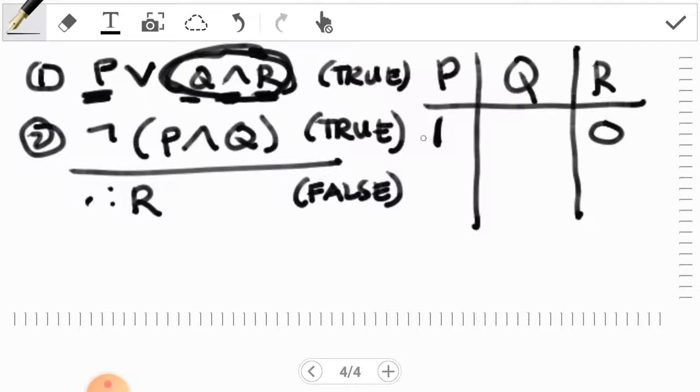Okay, if premise number 2 must be true, what do we have here? P and Q. P is already given. P is true.